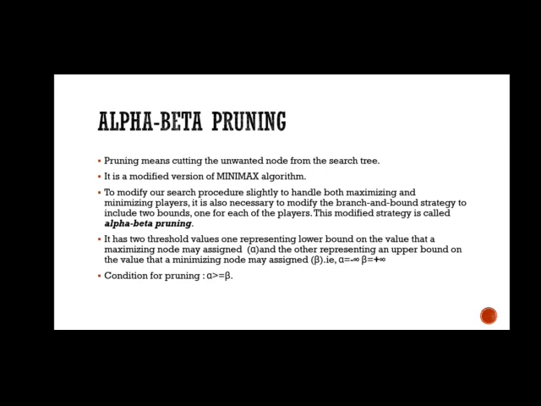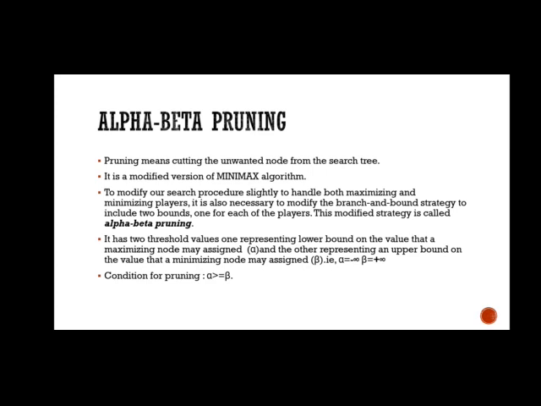Alpha beta pruning is a modified version of the minimax algorithm. It is a process of cutting nodes when we know that the path through that node doesn't produce a valid output. So the main advantage of alpha beta pruning is that we do not have to visit the entire tree.